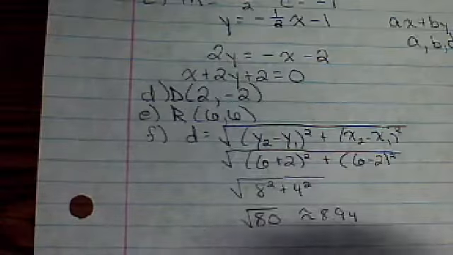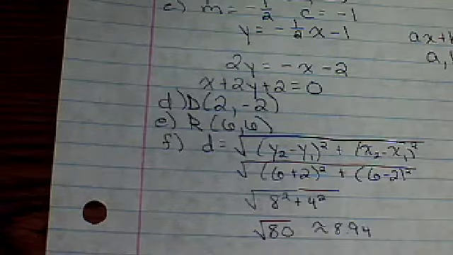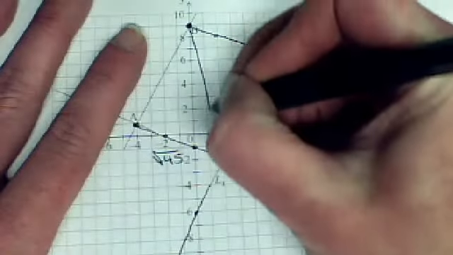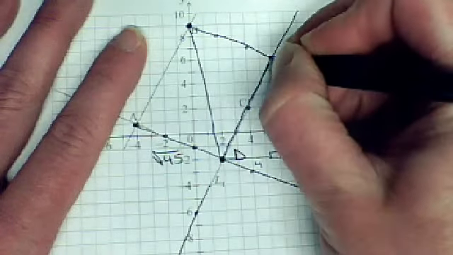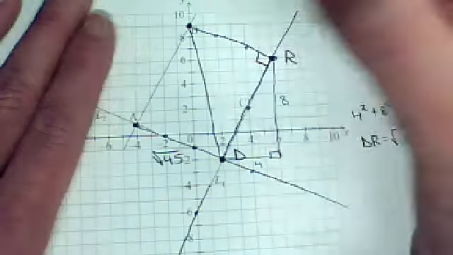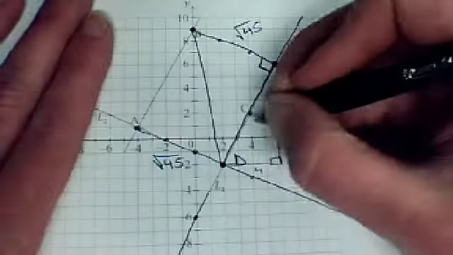Now the last part said find the area of triangle BDR. So let's look at BDR. Remember, this is a rectangle, so this is a right triangle. This would be the square root of 45 because this one was the square root of 45.